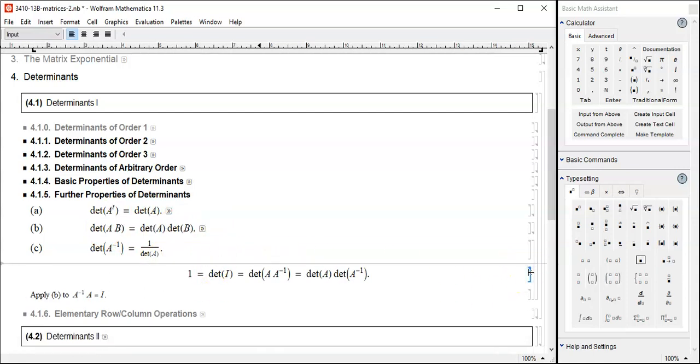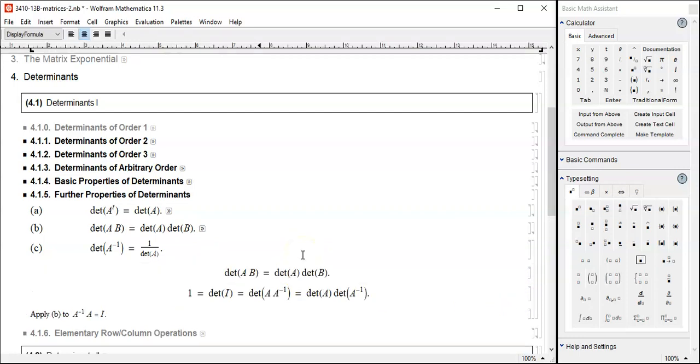Okay, here, replace one of them by I. Then this is equal to the determinant of A. That's because A times I is just A. So we have this and that cancel each other out. We get the determinant of I is equal to 1. This is what we get.